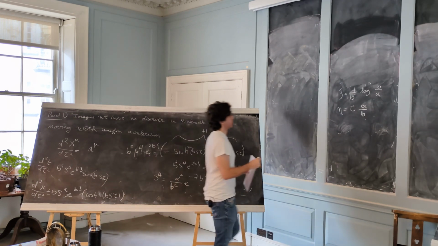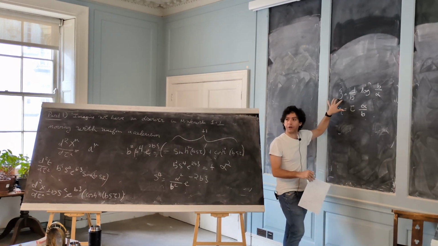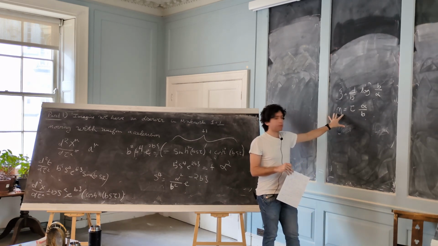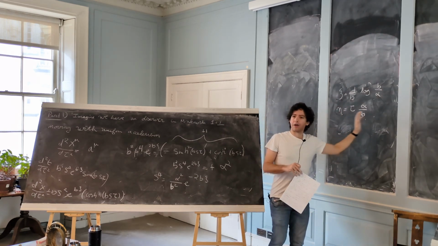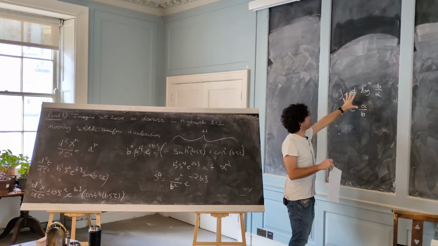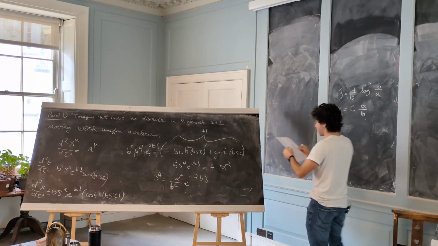So an observer who is in his own coordinates sitting at xi equals 0 and accelerating uniformly will move at proper time tau. And relative to this person, a different accelerating observer will be at a position b over alpha, and the relation between their proper times is like this.